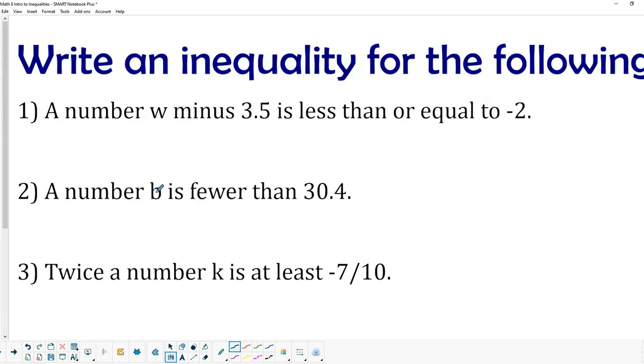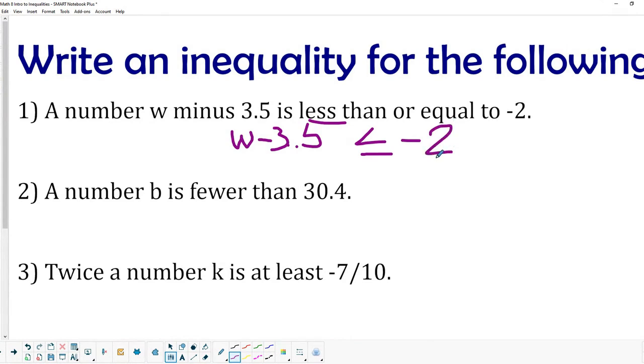So let's write a couple of inequalities, jumping right in and going pretty quick here. A number W minus 3.5 is less than or equal to -2. So that would look something like that.